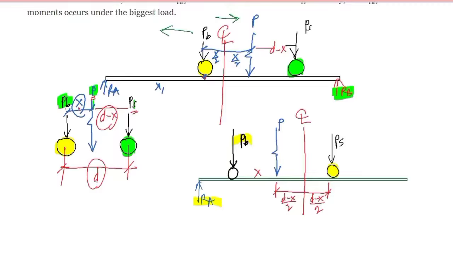And if we are going to consider the right side, ito naman siya, no? So that's the reaction at point B. The reaction at point B will be used in order for us to compute for the moment here. So again, it's your choice whether you are going to take the left portion if we are going to cut at this section or the right portion. Pareho po yung sagot na lalabas nun.